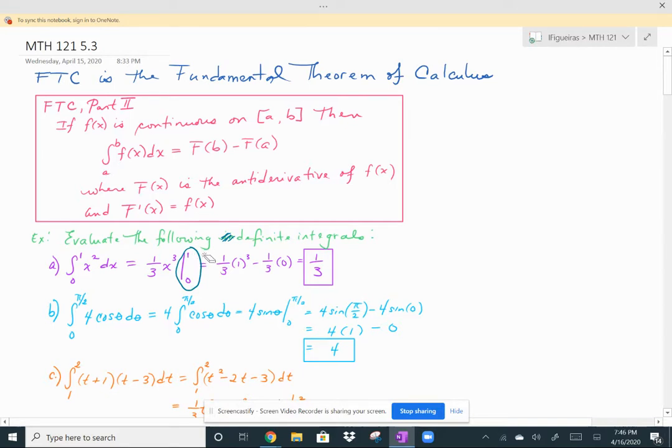That's just telling you that we now have to plug those in according to what the theorem says. So we plug in 1 first and then 0, subtract the results, and you get an answer of 1/3. If you recall, that's the same answer we got when we found this integral with the Riemann sum.